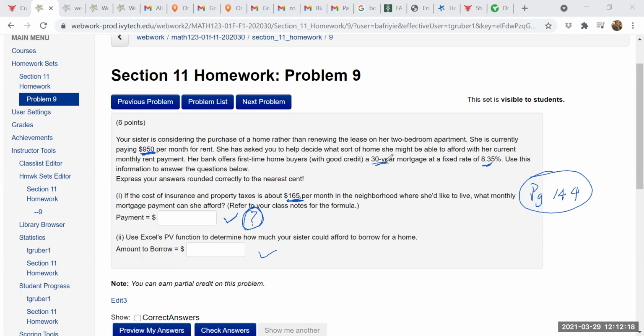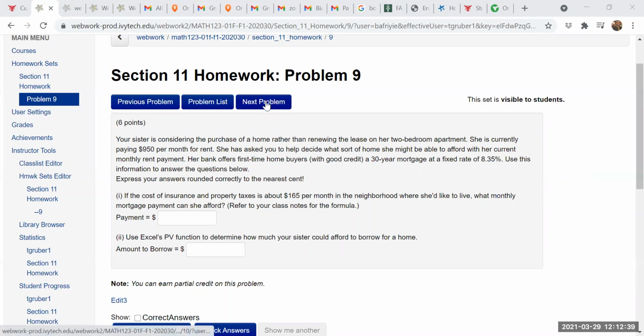Okay. And then use the value you have here as your monthly payment to estimate that. So that should simplify problem number 9. And I'm sure we're going to need the same formula on page 144 for problem number 10. So let's look at problem number 10 in a minute.